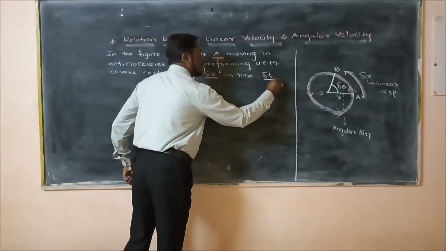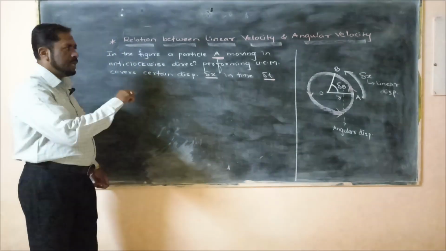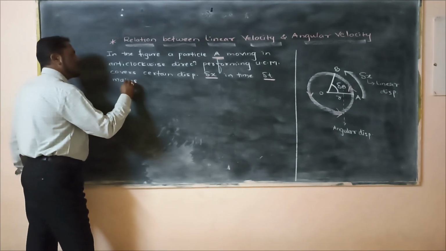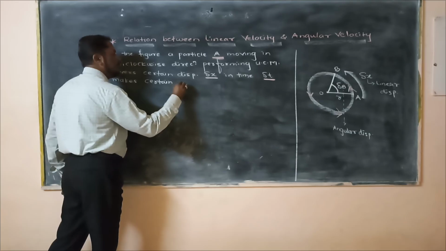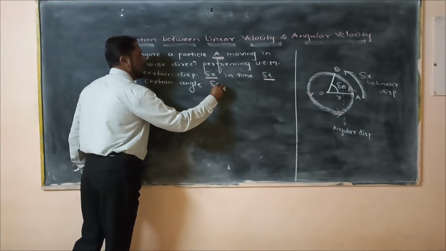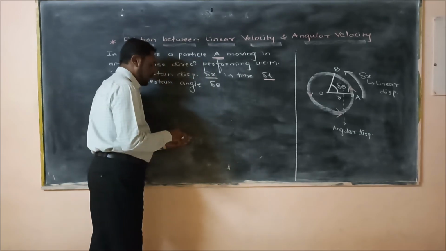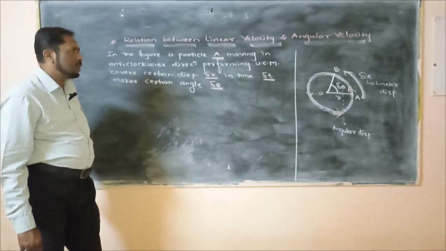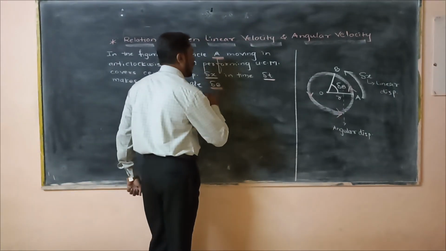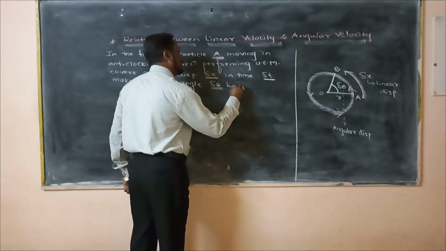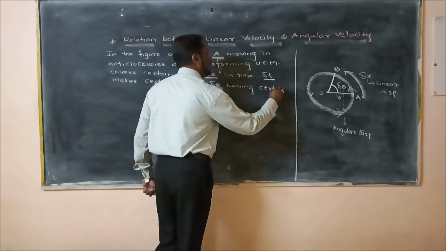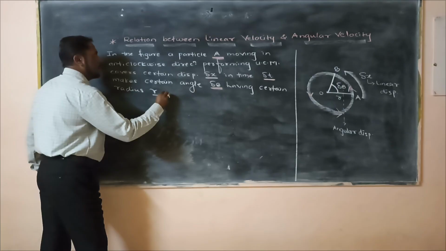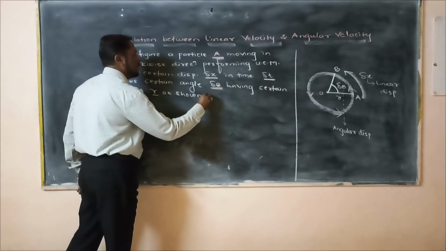It makes a certain angle delta theta, which is called angular displacement, having a certain radius r, as shown in the figure.